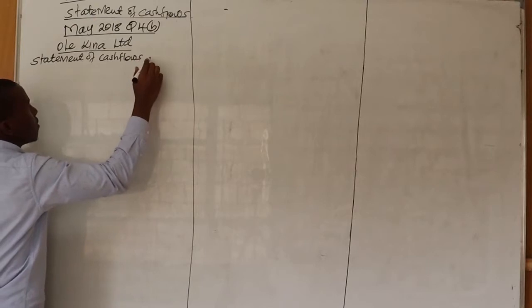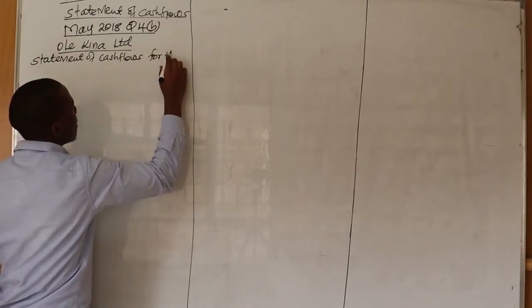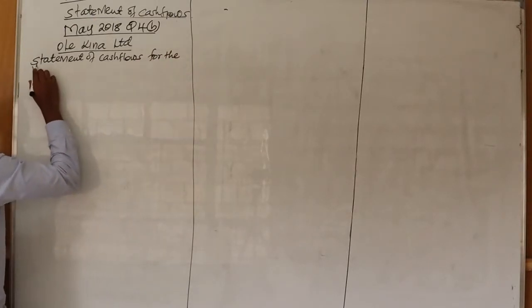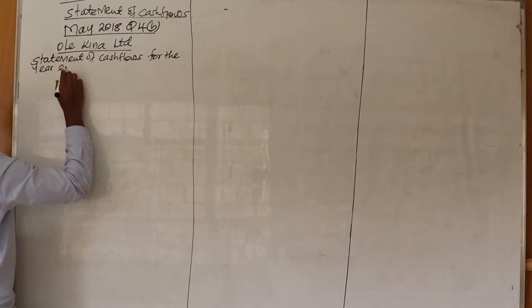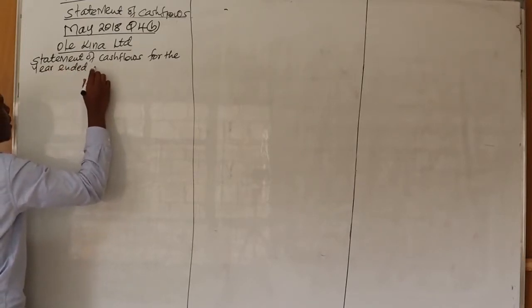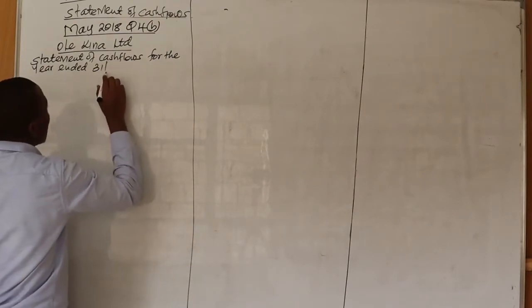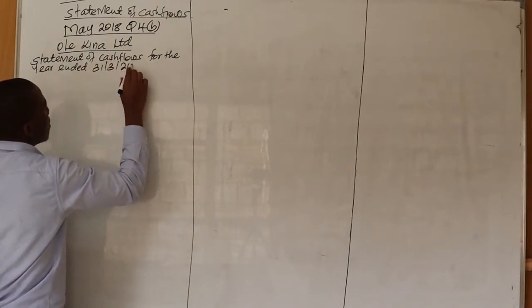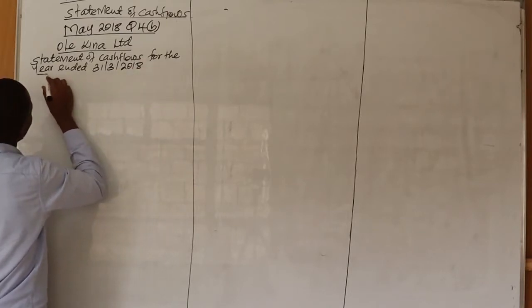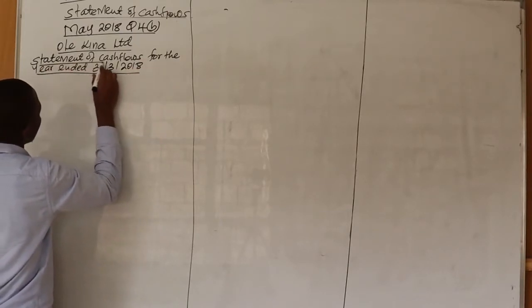Statement of cash flows for the year ended 31st March 2018. That is how you are supposed to begin.